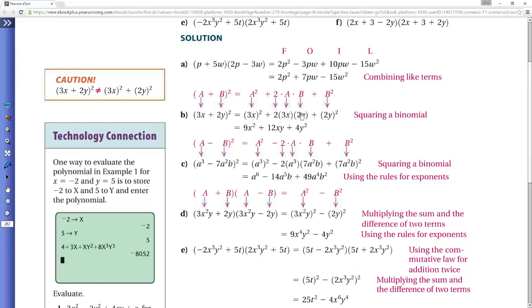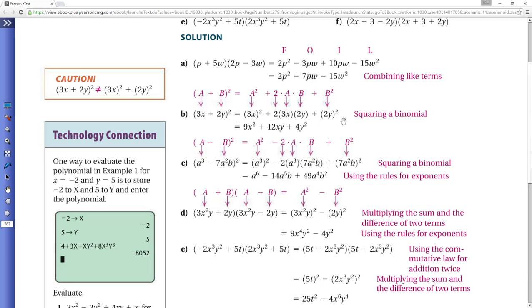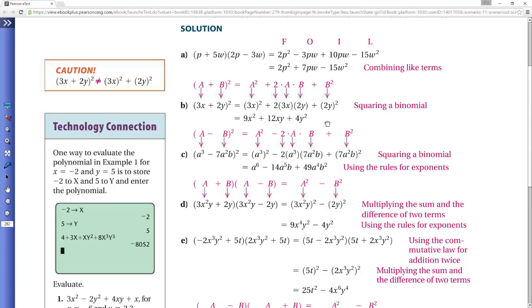That's what happened right here, to say it in English words, or 2 times first term times last term, second term, and then it's the last term squared. This pattern is very important when we get into factoring, and also we'll show you a couple other ways.